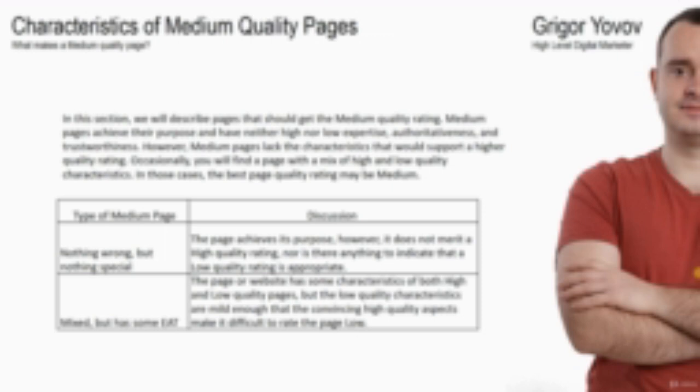And the second scenario is mixed but has some EAT, and the idea is that the page or website has some characteristics of both high and low quality pages, but the low quality characteristics are mild enough that the convincing high quality aspects make it difficult to rate the page poorly.